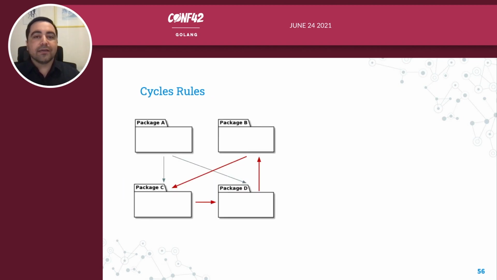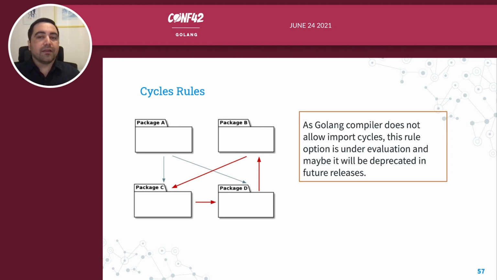The last one are the cycles rules. Those rules are about cycles in the dependency graph. This diagram represents a cycle between package B, package C, and package D. The truth is that as the Golang compiler does not allow import cycles, this feature is evaluated and maybe it will be deprecated in future releases.